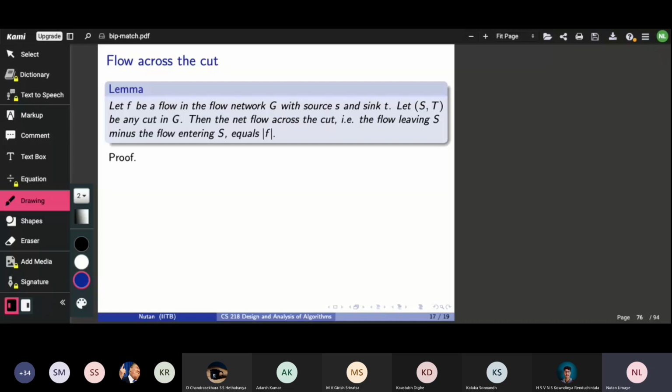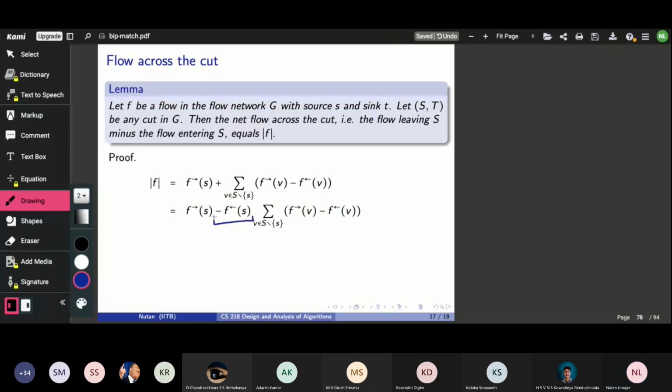And again, this is a proof that you have seen before; the ideas in this proof are very similar to what we have seen before. So again, I start with the definition of the flow and add the zero term like in the previous proof. Then we add another term, and I should say plus here, which is basically another zero term, if I may.